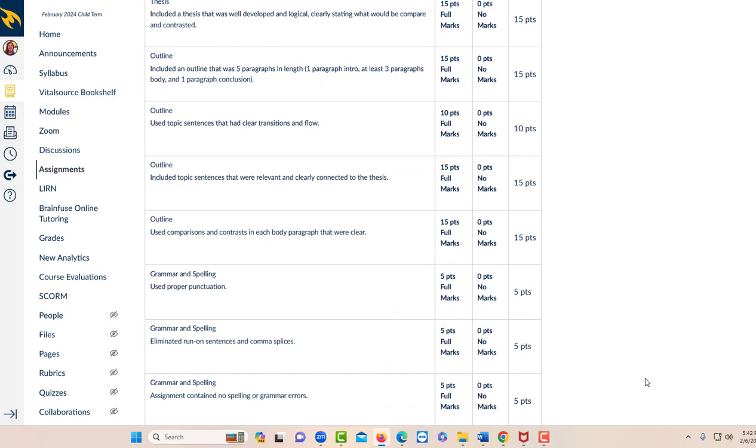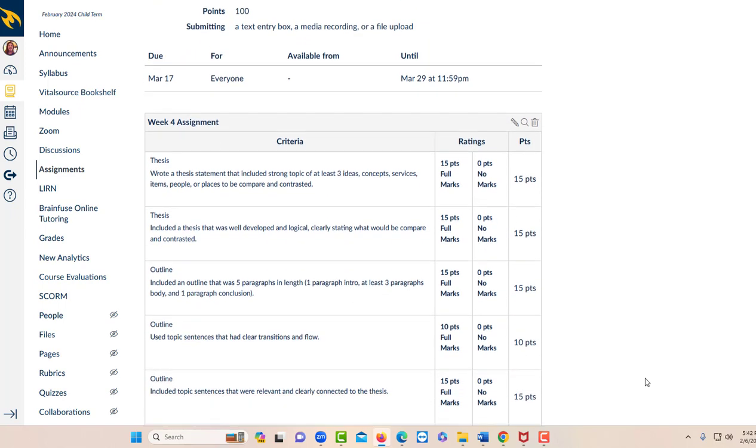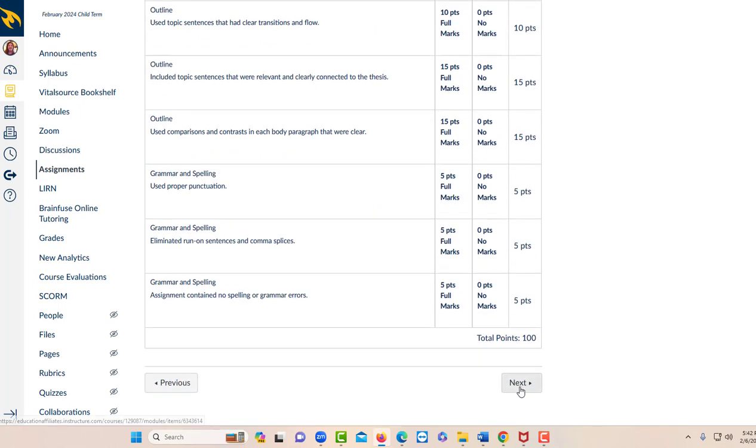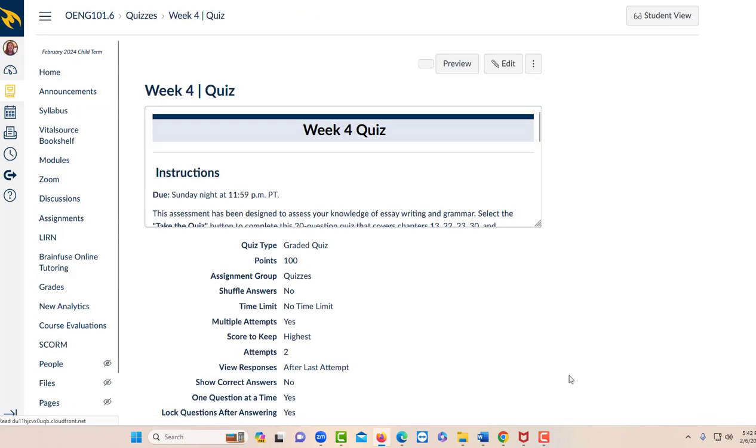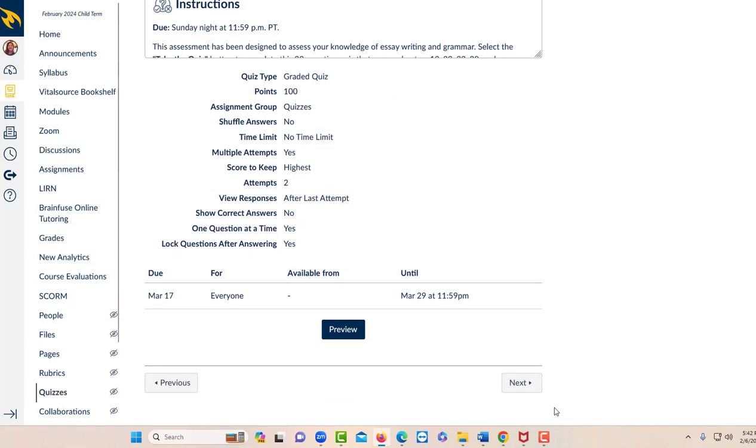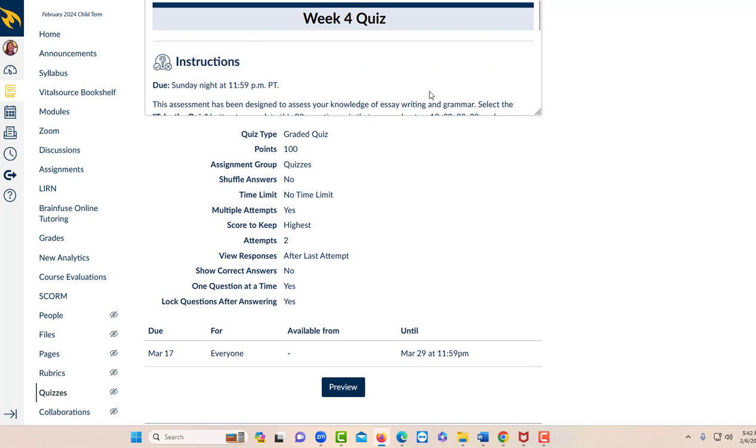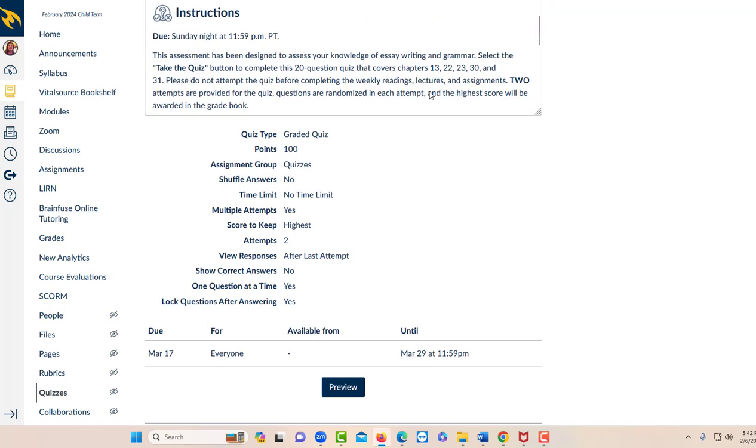And then of course you have to make sure you fulfill all of the rubric as well to get all the points. Then you're going to take your week 4 quiz. This assessment has been designed to assess your knowledge of essay writing and grammar. Select the Take the Quiz button to complete the 20-question quiz that covers chapters 13, 22, 23, 30, and 31.